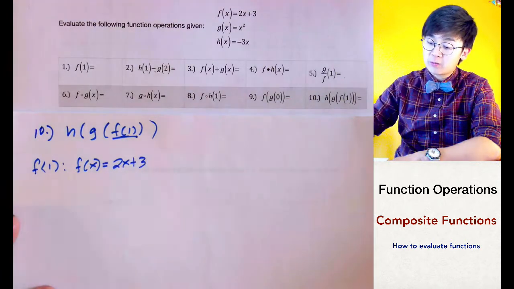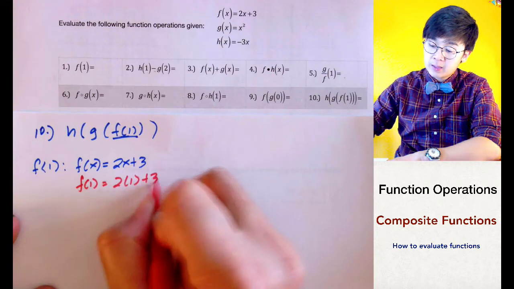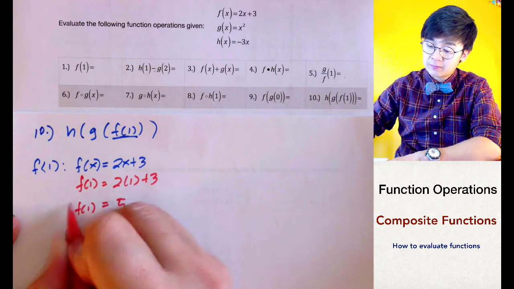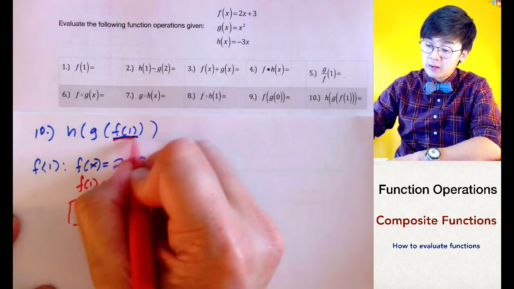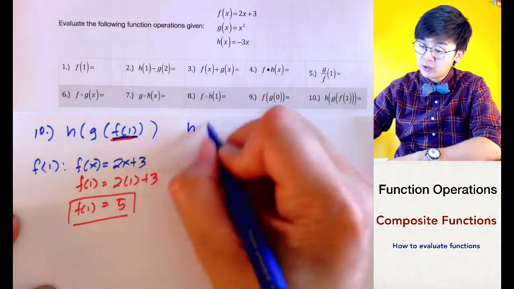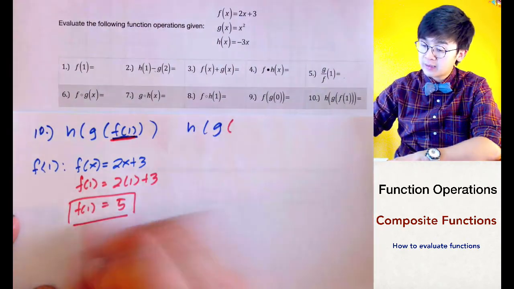And since we are looking for f of 1, we will replace x by 1, giving us f of 1 equals 5. So now f of 1 will turn into 5, so we'll have h of g of 5.